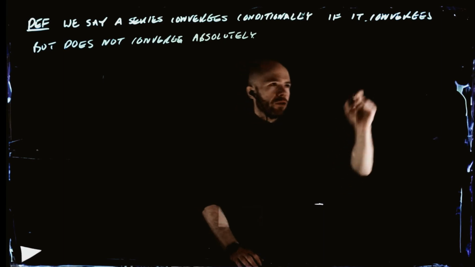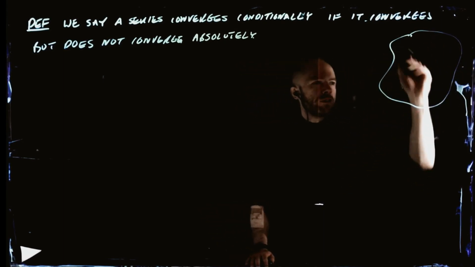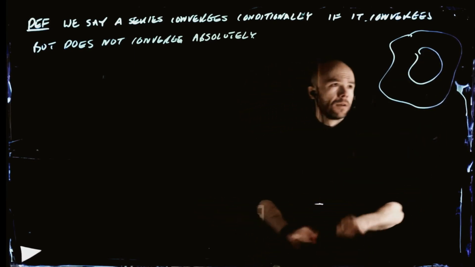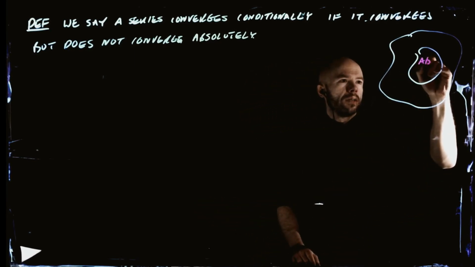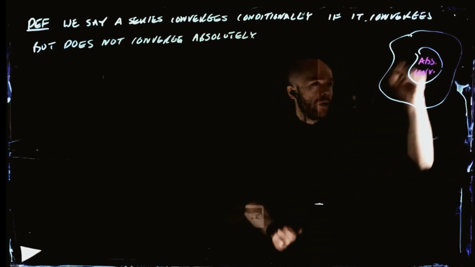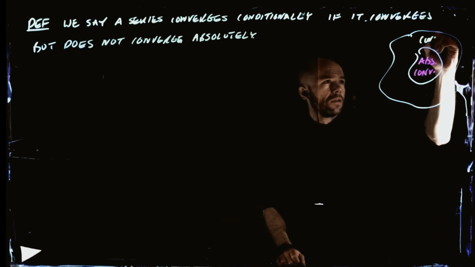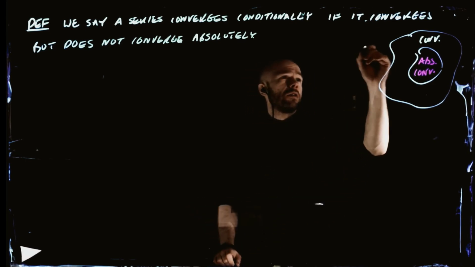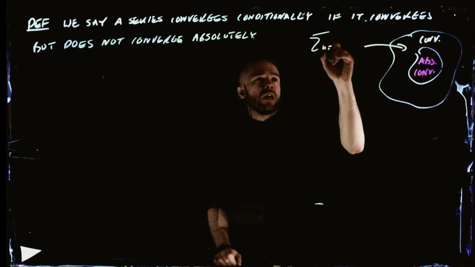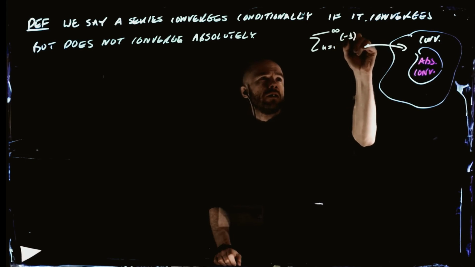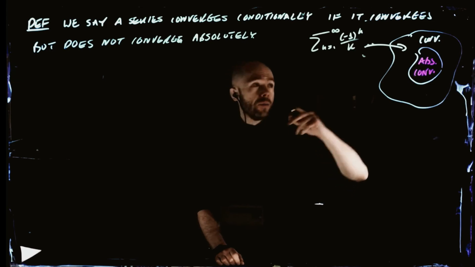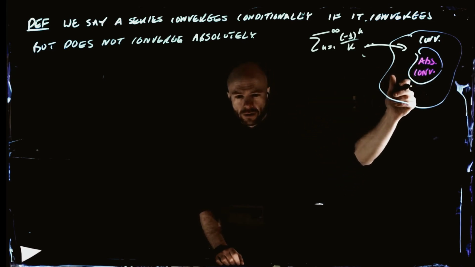So in the picture that I drew, this blob represents all the series that converge, and this inner blob represents those that converge absolutely. There are examples of series that converge but do not converge absolutely. An example that we saw was this series here: the sum from k equals 1 to infinity of minus 1 to the k over k definitely converges, but it doesn't converge absolutely, as we've learned.